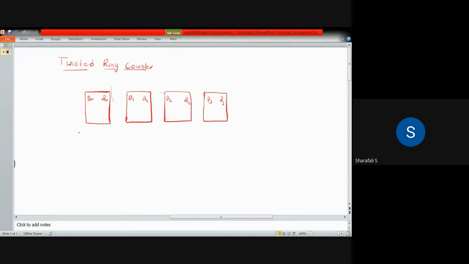We are now considering synchronous counters only. The first synchronous counter that we discussed is the ring counter, and before that we already discussed the 2-bit counter also.